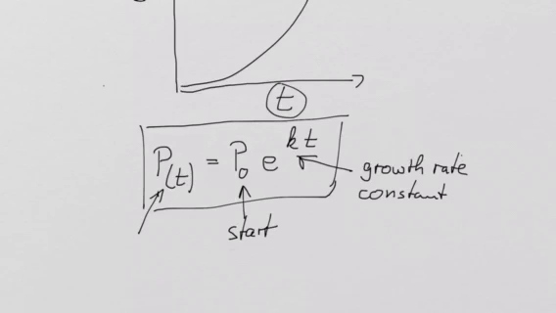And obviously t is the time at which we look at it. So that's the exponential growth.